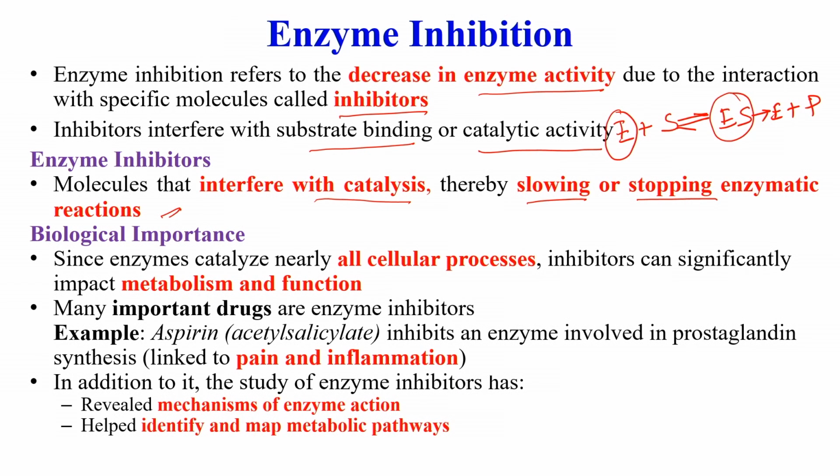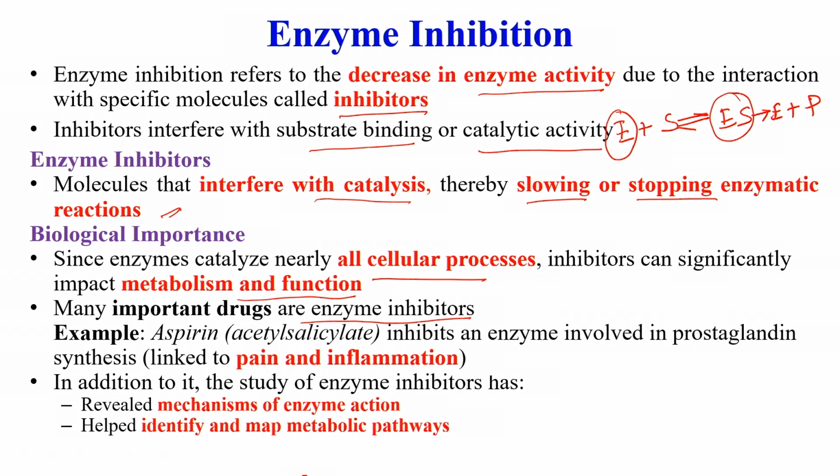What is its biological response? Since enzymes catalyze all biochemical processes, inhibitors can significantly impact metabolism and function. In fact, many important drugs are enzyme inhibitors, so we can stop any metabolic process or pathway.